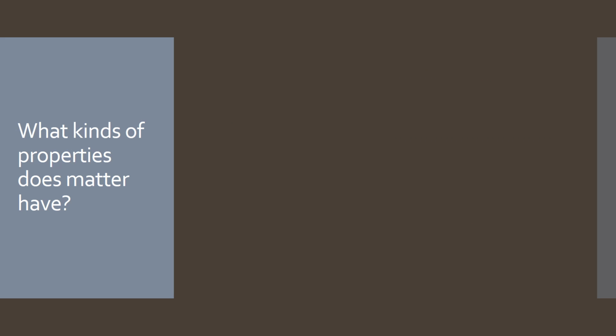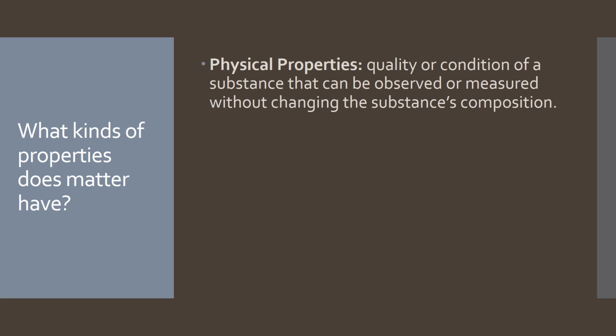So properties of matter. What kinds of properties does matter have? They have physical properties. A physical property is a quality or condition of a substance that can be observed or measured without changing the substance composition. That's the key idea here. Without changing the substance composition. So it's still the same thing.